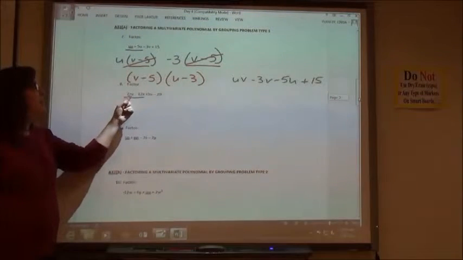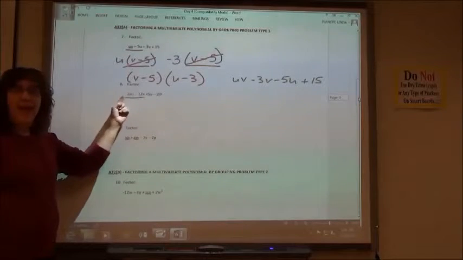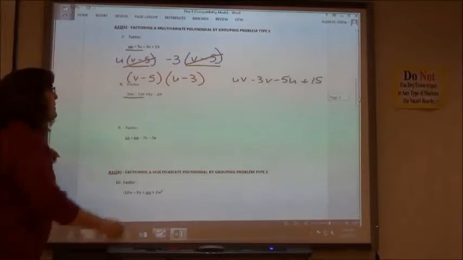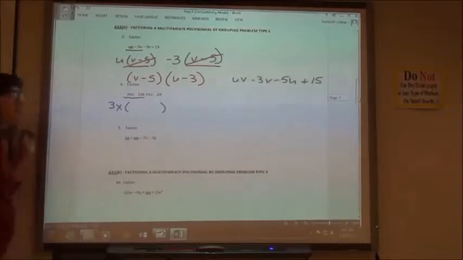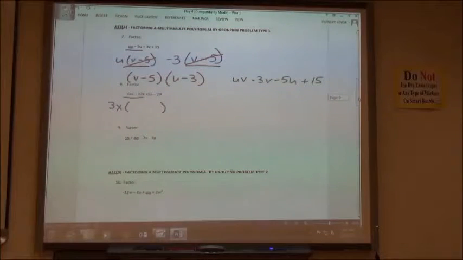So I can take out a 3 and an x on both of those, right? So 3x is going to be my greatest common factor with those first 2 terms. If I divide them each by 3x, what am I going to have left?